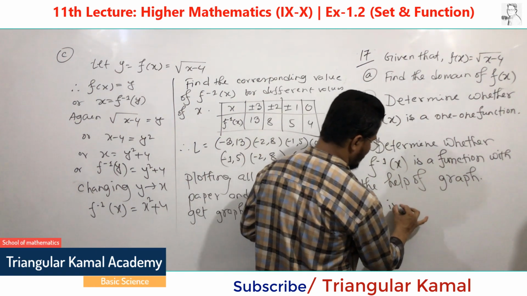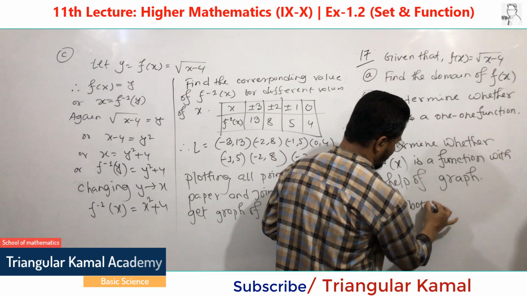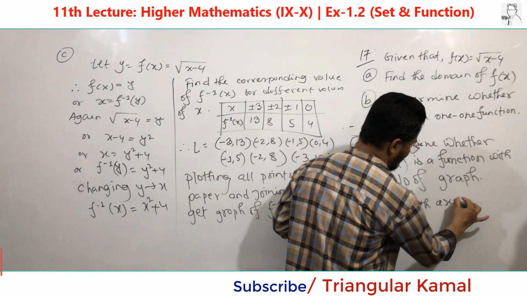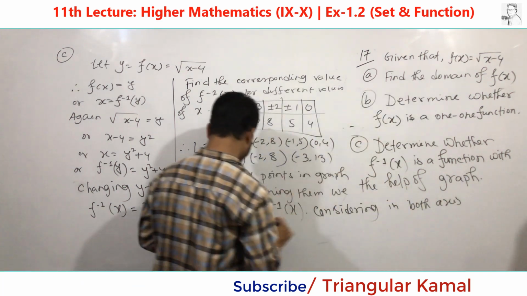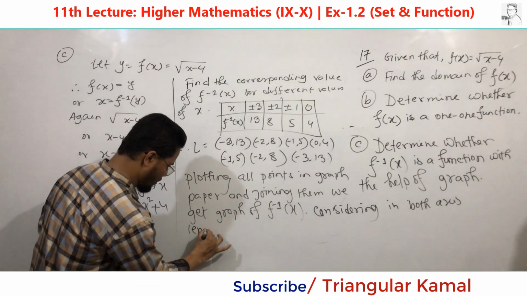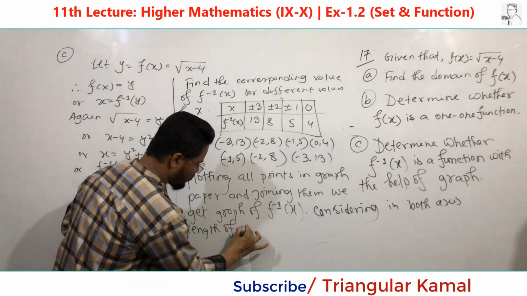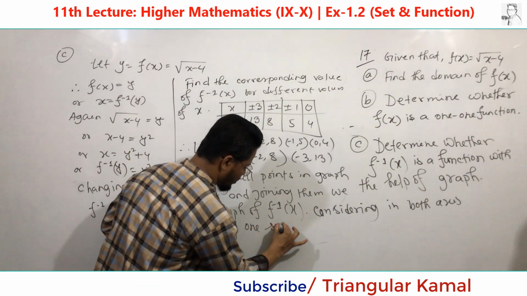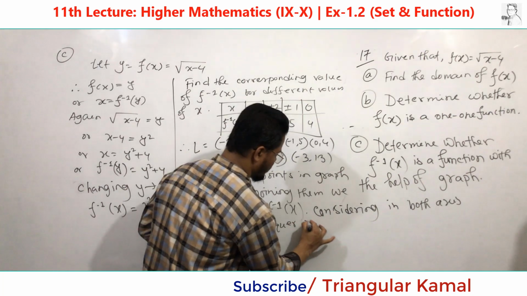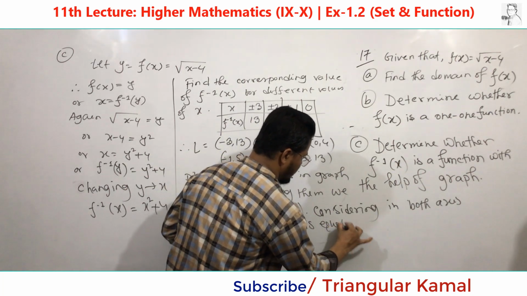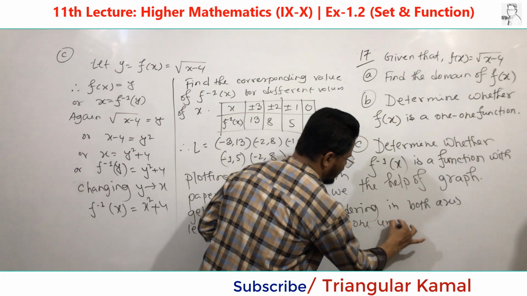Considering in both axes, the length of 1 square is equal to 1 unit.